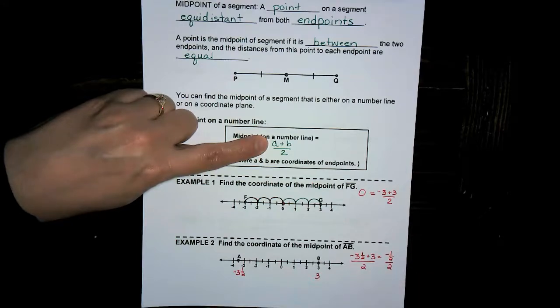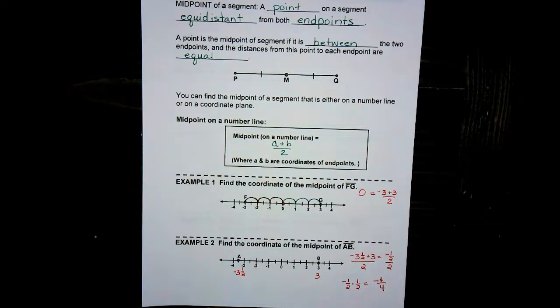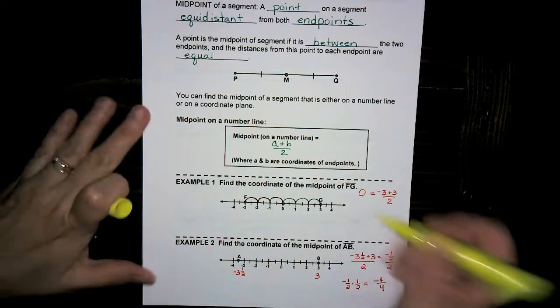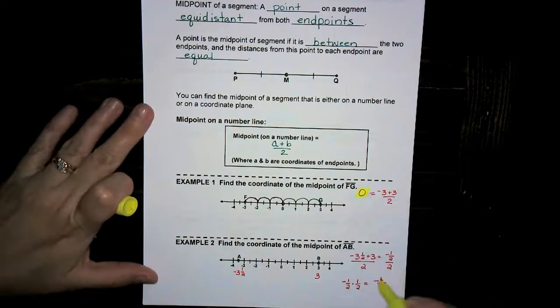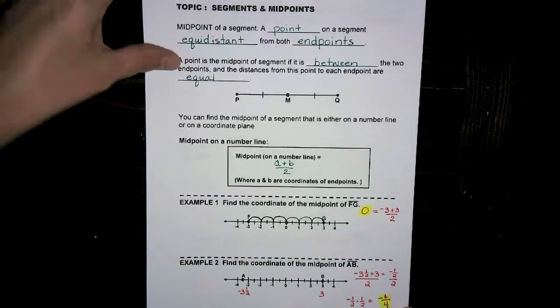So you may be thinking, okay, how do I take a -1/2 and divide it by 2? Well, dividing by 2 is the same thing as multiplying by 1/2. So our midpoint is actually at -1/4 here. Okay, that's when our formula becomes a little bit easier to use because it might not be as friendly to be able to count on the number line between the two endpoints there.